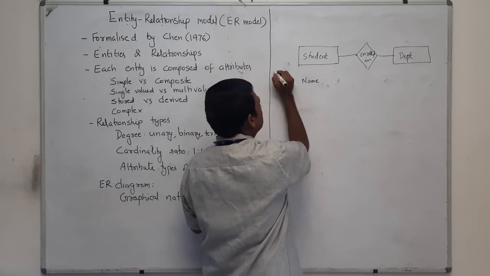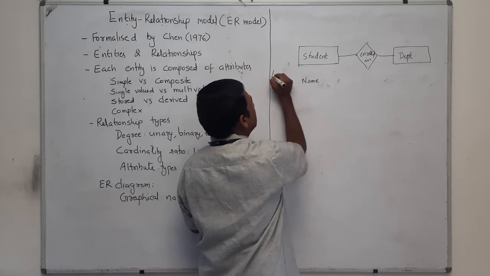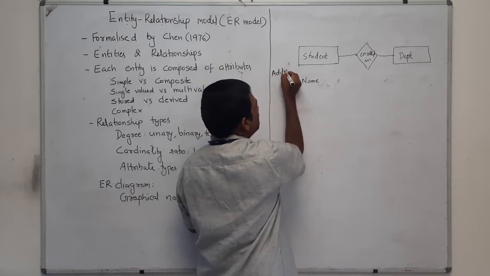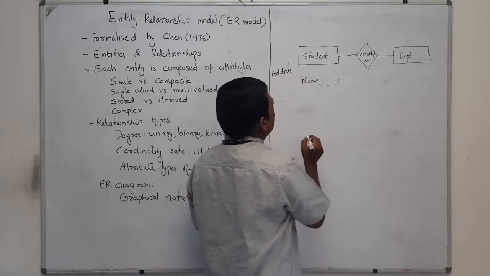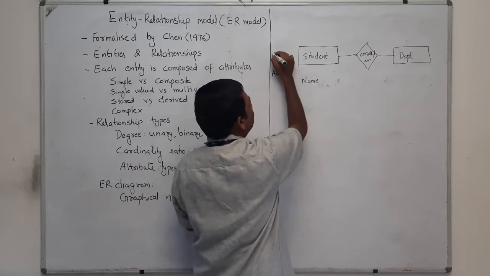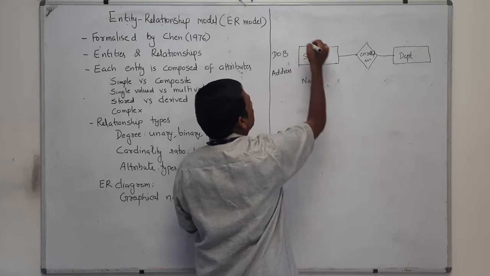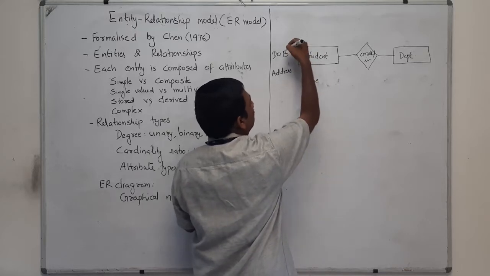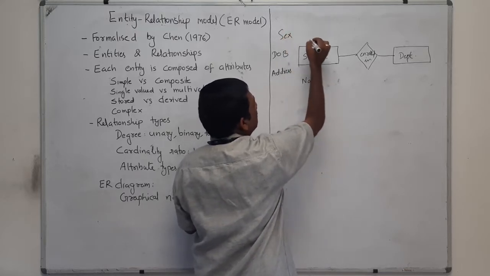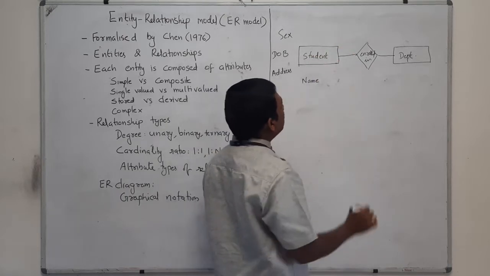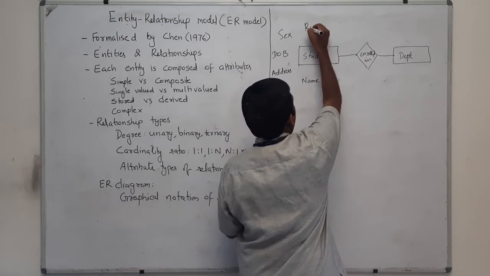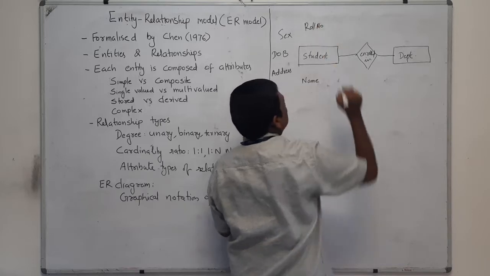Then address is another property, then date of birth, sex, and a number of other things, for example roll number, etc.